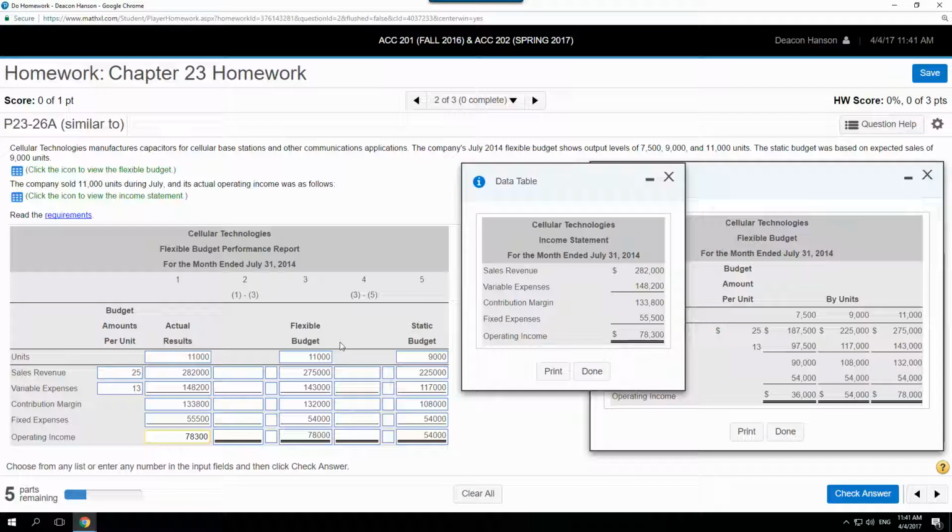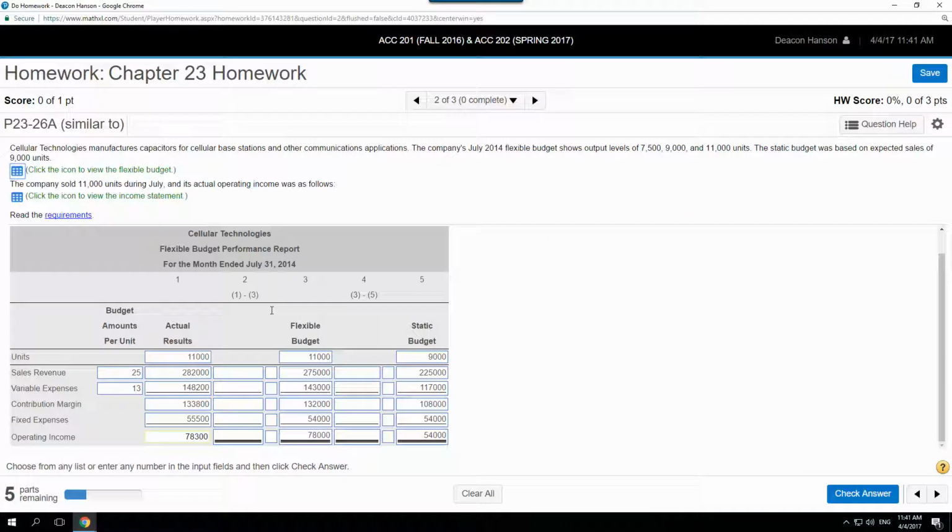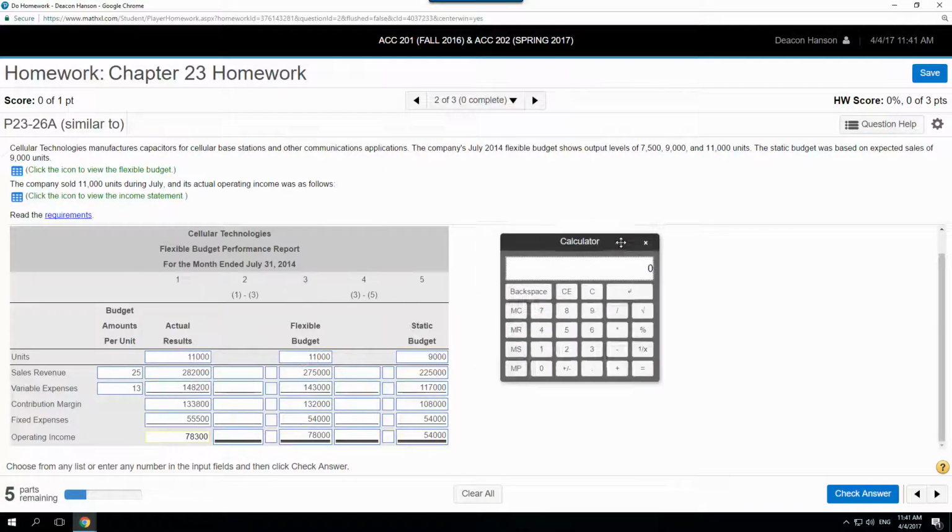Okay. Now what we're gonna do is, see column 2 and 4, they tell you what math to use, right? When we do our comparison. So it's saying to get the numbers in column 2, you're gonna take column 1 and subtract column 3 from column 1. So if you got your calculator available, it might make it easier.